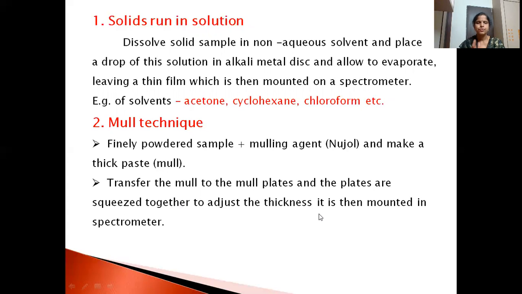So we take two plates with the mull paste kept between them. When you press the two plates, it gives a very thin layer, and that thickness we can adjust, and it is ready to use for the study.